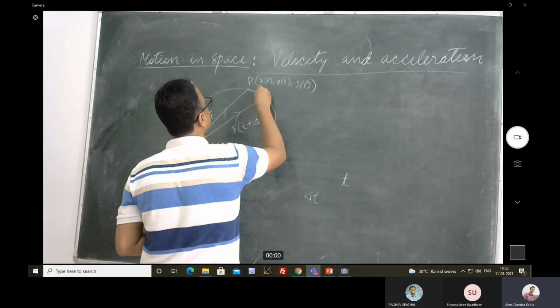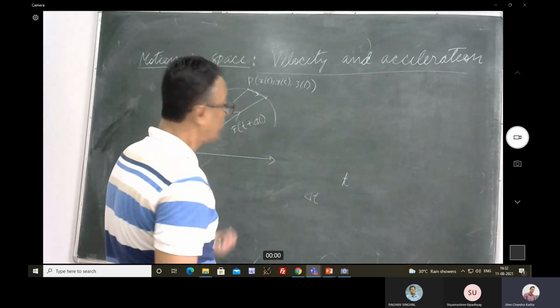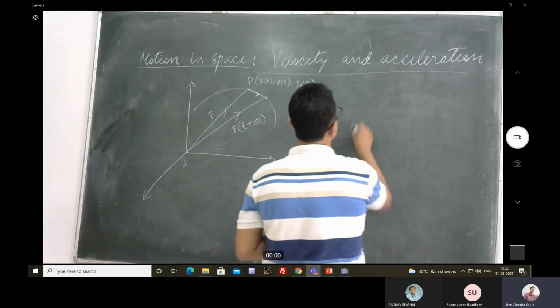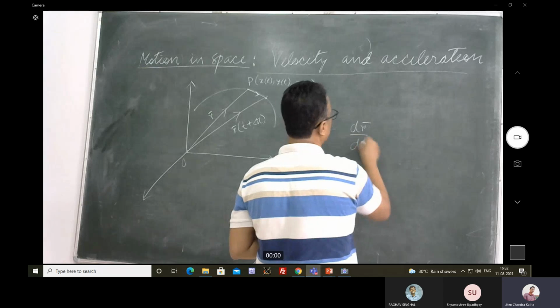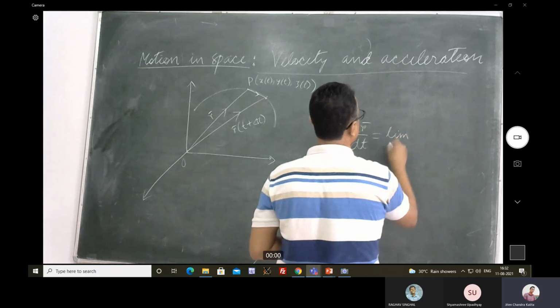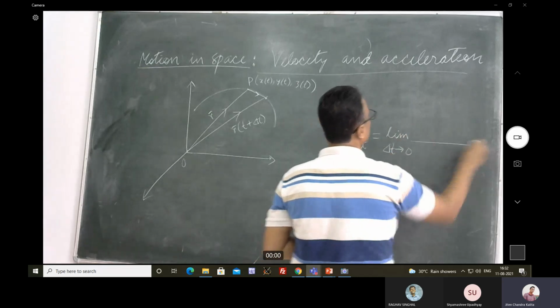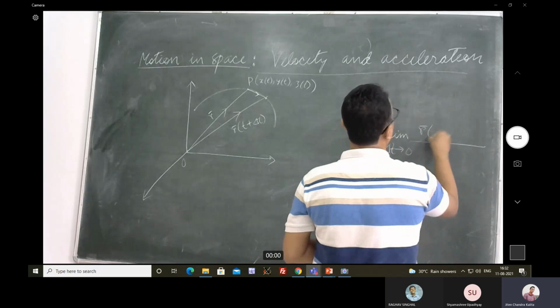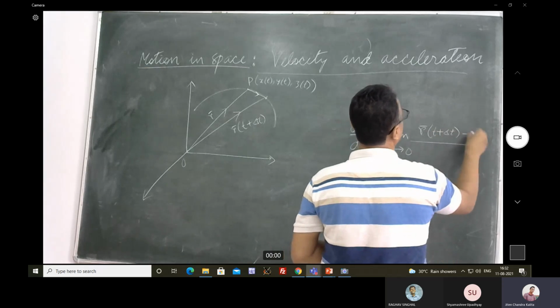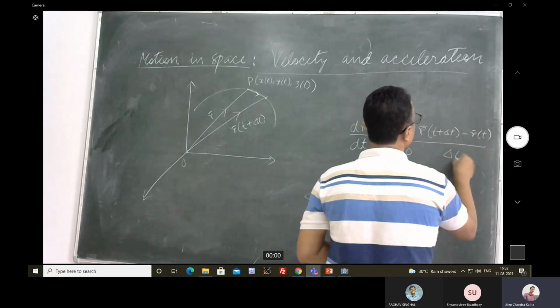Then obviously the derivative of the vector valued function is simply the limit as delta t tends to 0 of R(t plus delta t) minus R(t), divided by delta t.